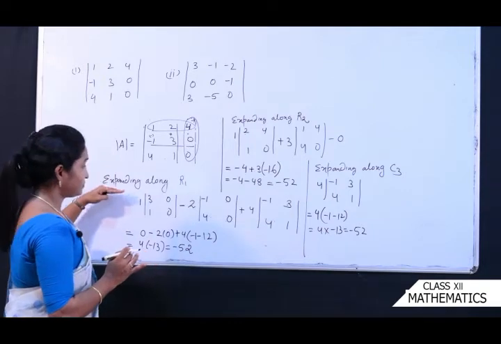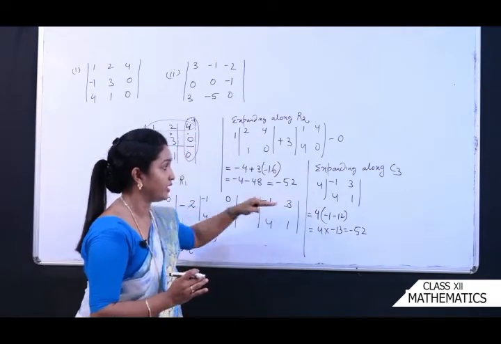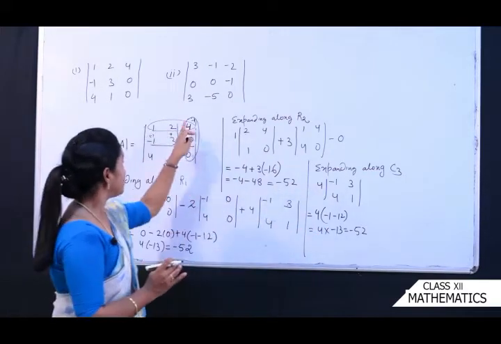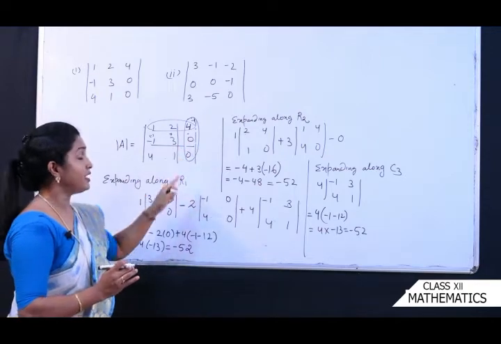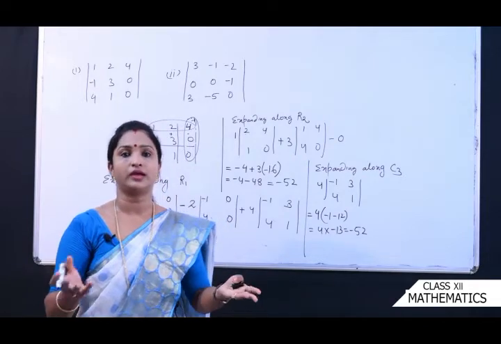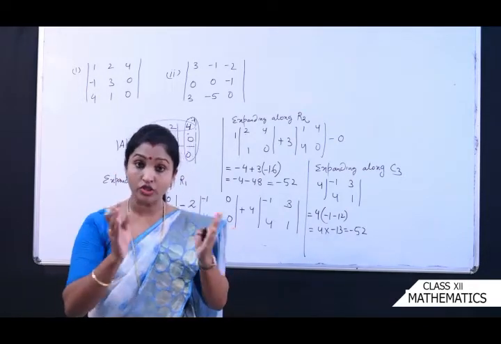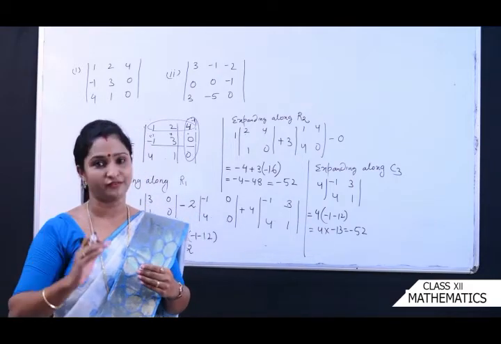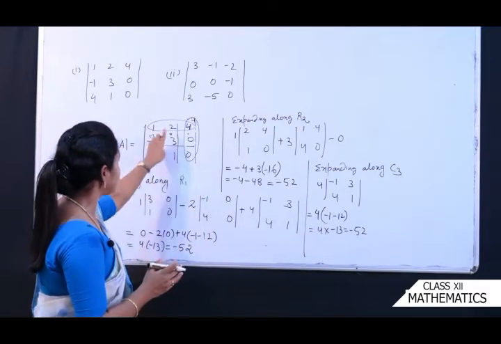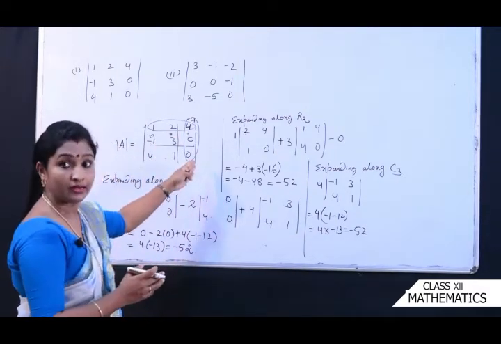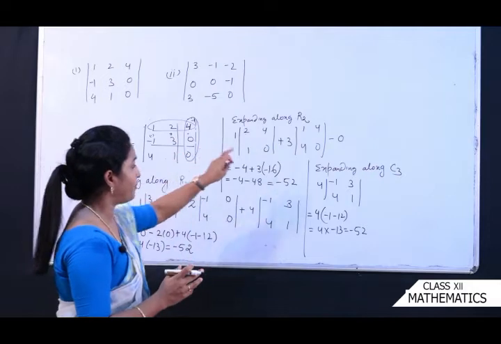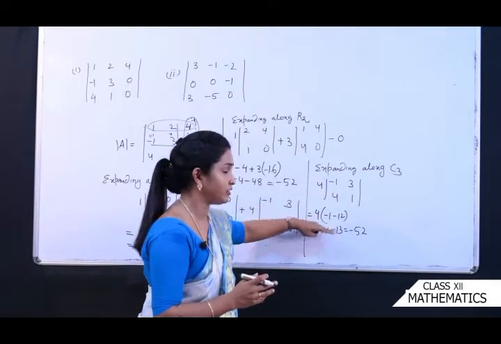Now look here, of these three expansions we have done, which expansion do you feel is easier? The easier one is the third one, because it has more number of zeros. So remember children, if you have a question to find the determinant, don't be confused about which row or which column to use. You have to see which row or column has more zeros, so that your calculation will be easier. So here in C3 the zeros are more, so it is better to expand along C3 so that you can calculate in less time.